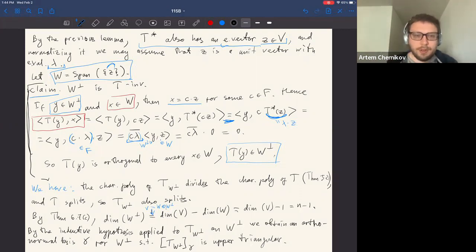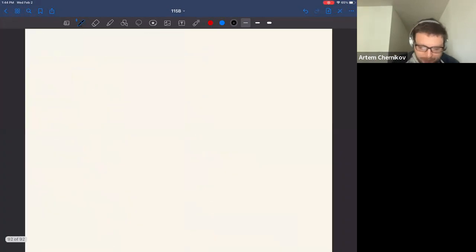Okay. So now we take beta to be gamma together with Z. So I add Z to gamma. First of all, this is still an orthonormal set.